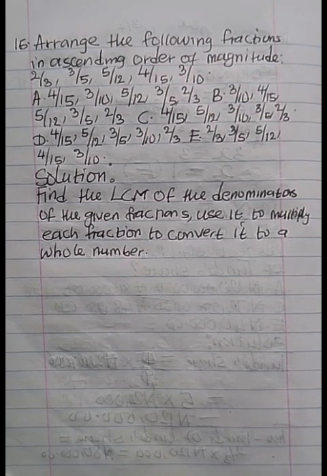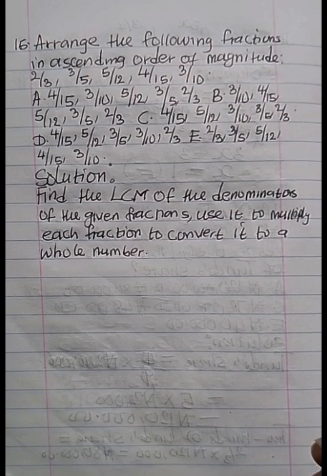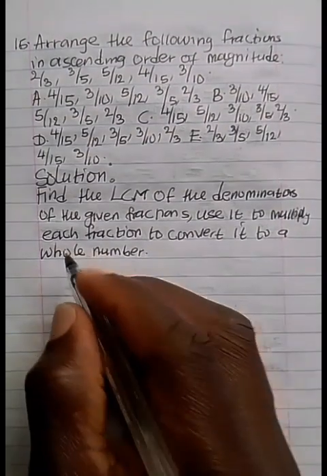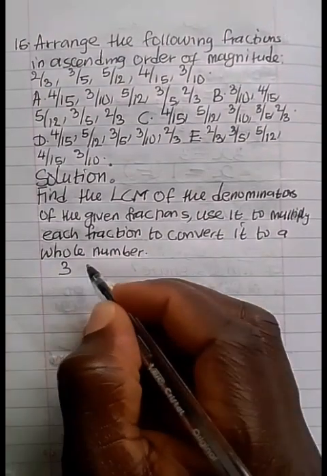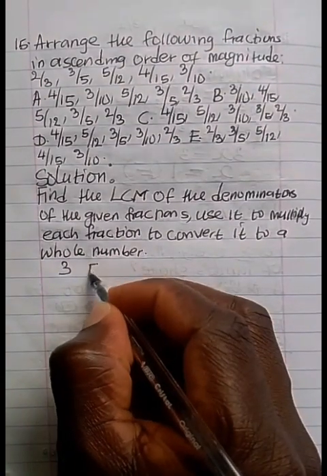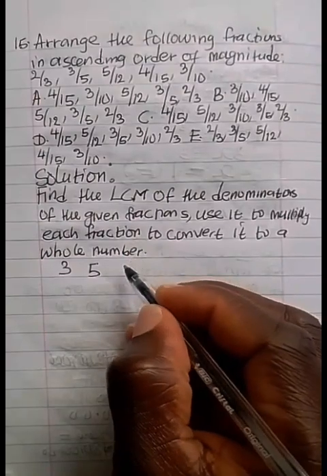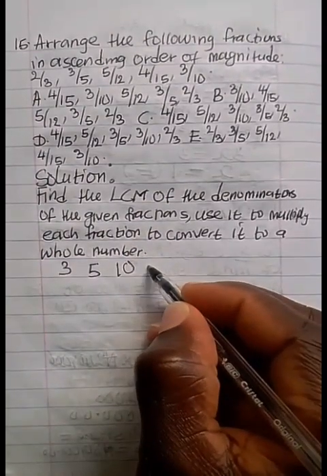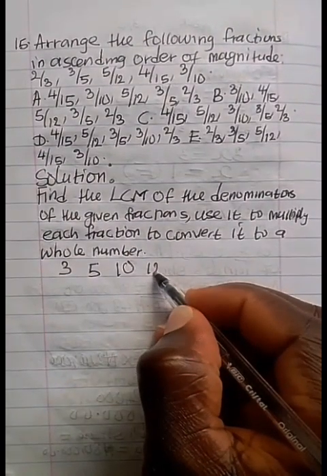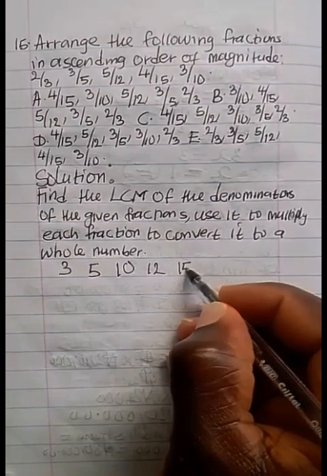So let's get the LCM. I'm going to write the denominators in ascending order as well. So we have 3, 5, 10, followed by 12 and 15.